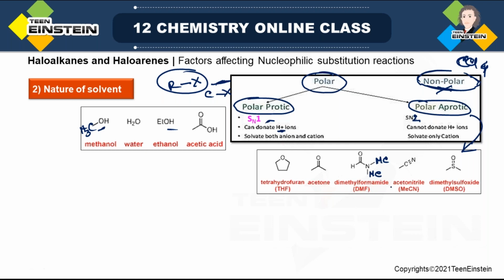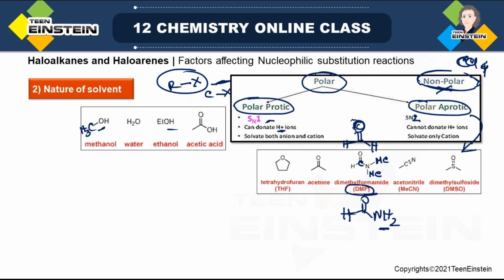Formamide comes from the one-carbon compound formaldehyde, which is HCHO, and the formamide structure is HCONH2, and dimethyl formamide is when you have replaced both hydrogens by methyl. It is known as DMF.